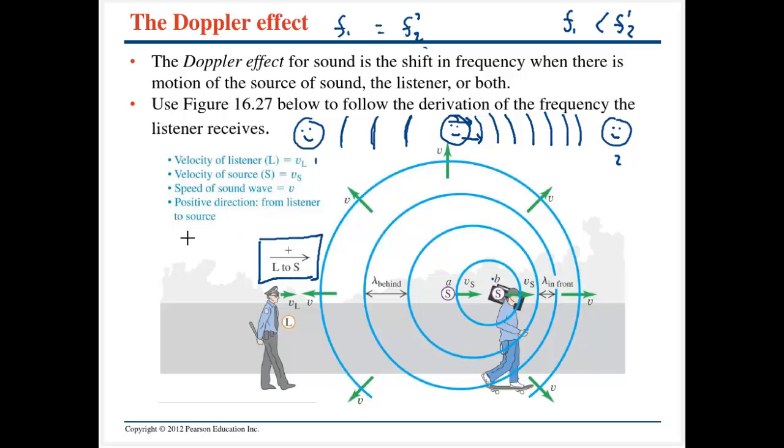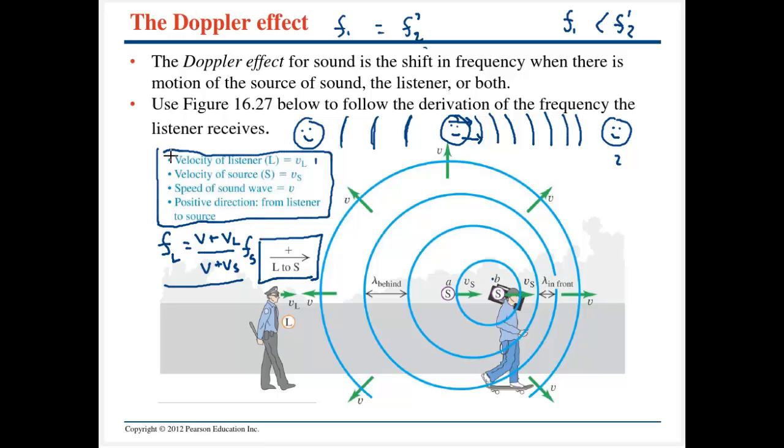Now, in general, what we can do is write the frequency observed by the listener to be equal to the speed of sound plus the speed of the listener, divided by the speed of sound plus the speed of the source, multiplied by the frequency that the source puts out, where the velocity of the listener and so on and so forth is kind of listed right here.